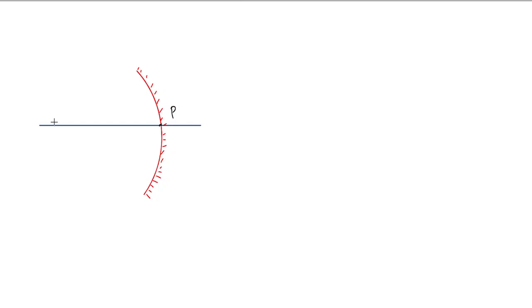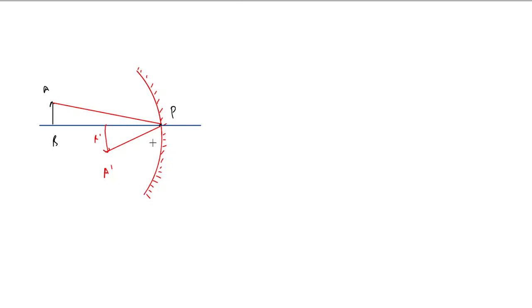We'll consider an object, we'll call this AB, and this object forms an image. Let the light ray be drawn to the pole. This would reflect, and somewhere here we get the image. So imagine we get the image somewhere here. This is A dash, B dash.